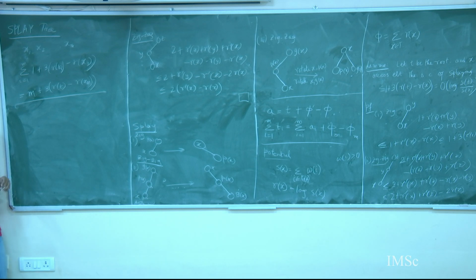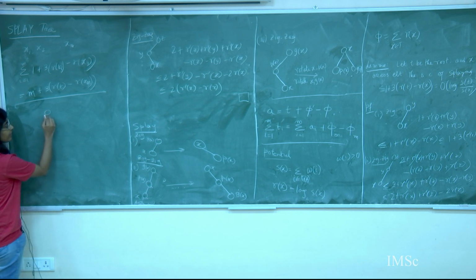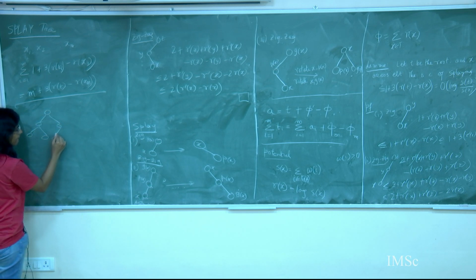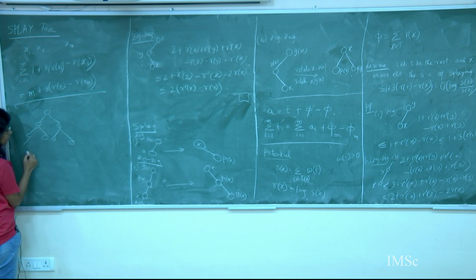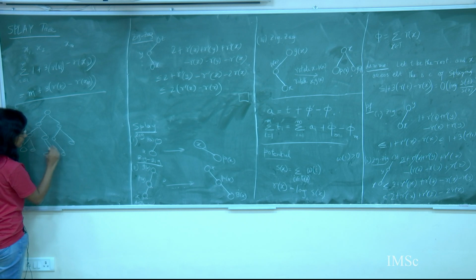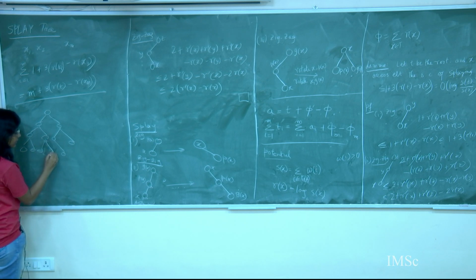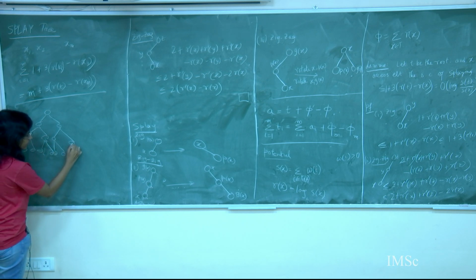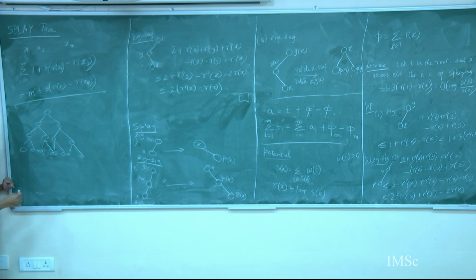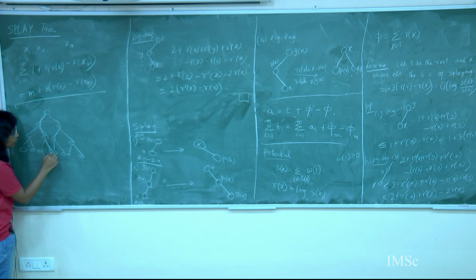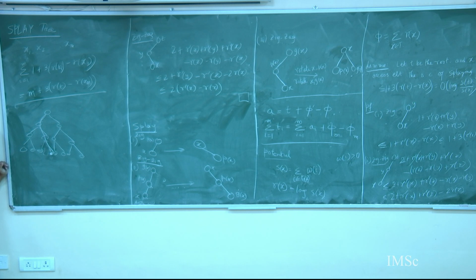Say you have some tree and it goes on. This is the tree you have, and you search for this node first, and you move this node to the root by some means.